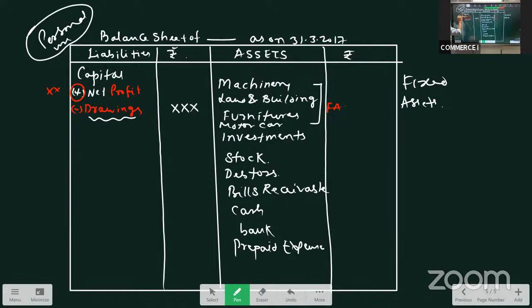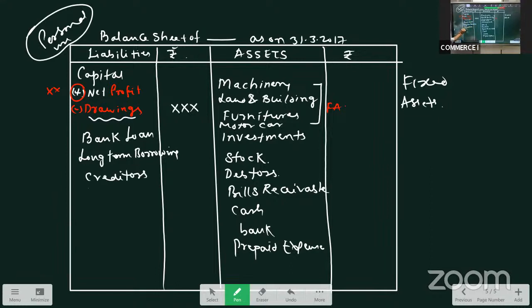This is called internal liability. If any loan is there, that we will take. Bank loan. If the firm has taken any loan from bank, that we will take. Or any other long-term borrowings. If any amount is taken by the firm as a loan for a long term, that we'll take. Then we'll take current liabilities, that is creditors.